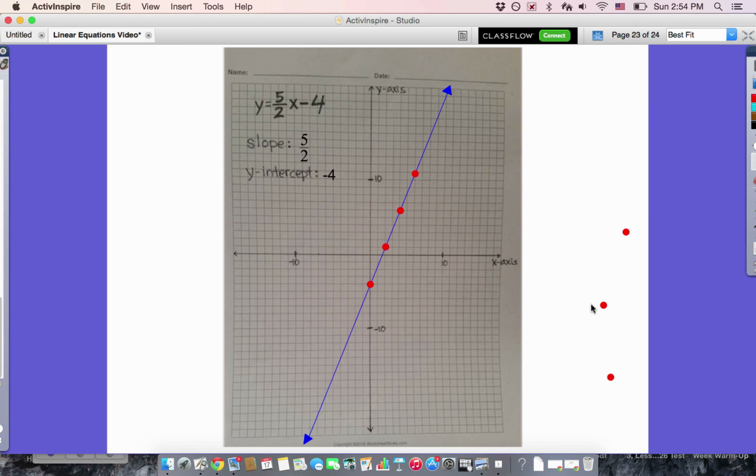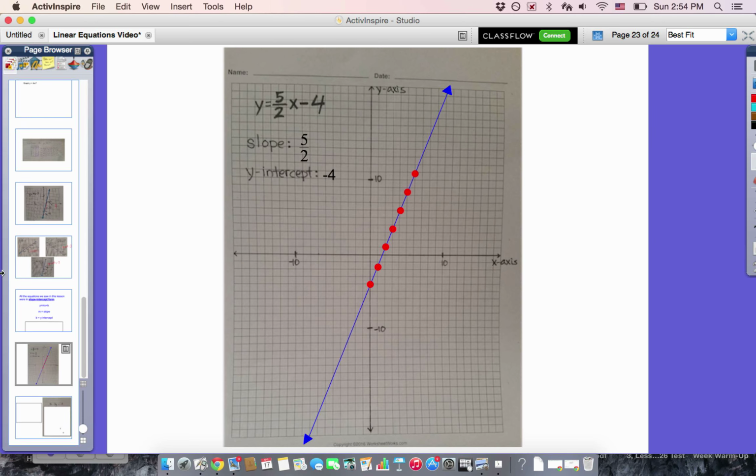So if my y grows 5 for every 2, that also means that for every 1 that x grows, my y grows by 2.5. Okay? Right, so if you remember, all the points on my line are solutions to the equation. Okay, and the slope tells us how steep our line is.